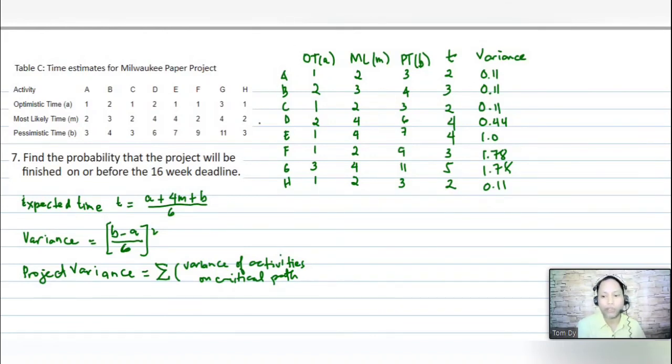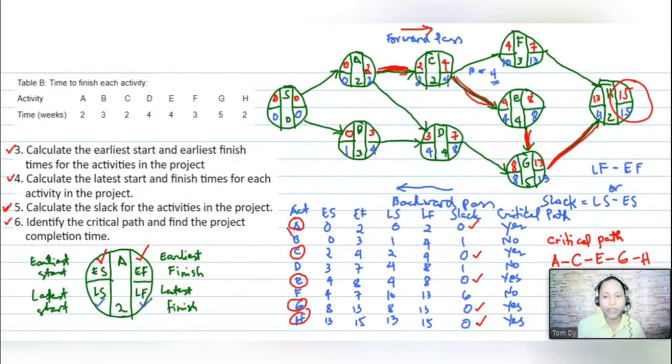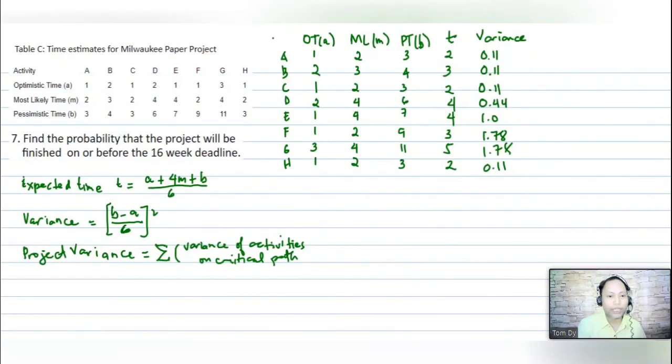Okay, so take note of our critical path. Let us recall our critical path. Our critical path is ACEGH. So the variances for that are 0.11, 0.11, 1, and then 1.78, 0.11.